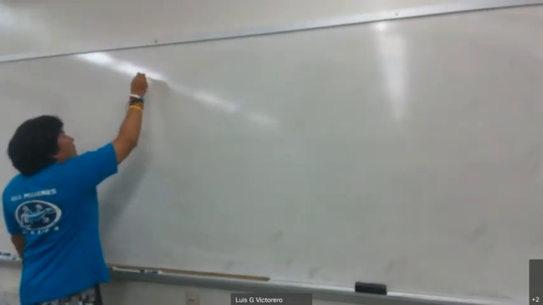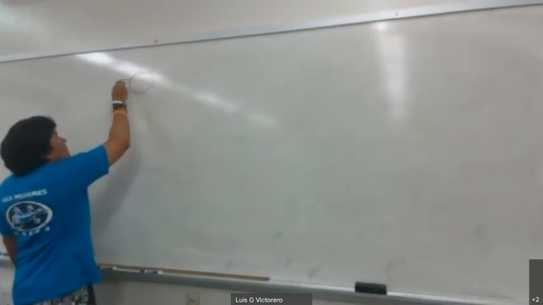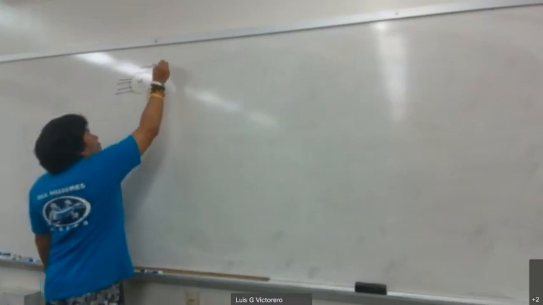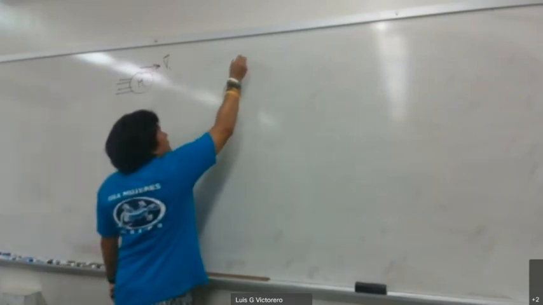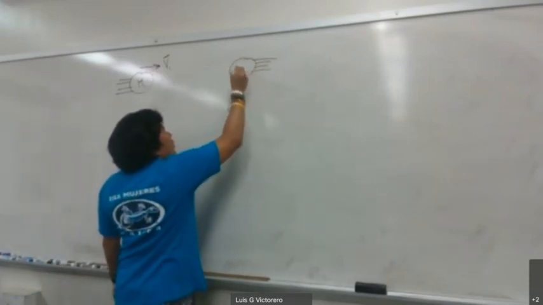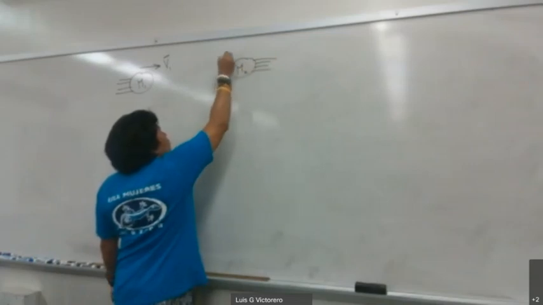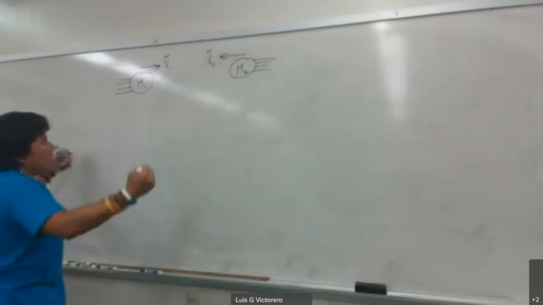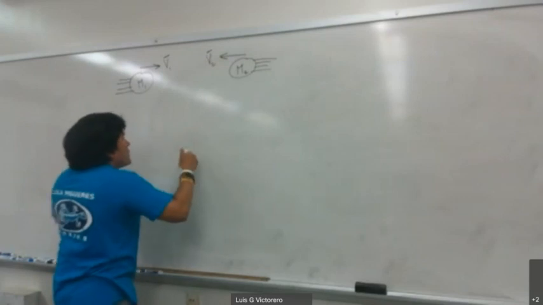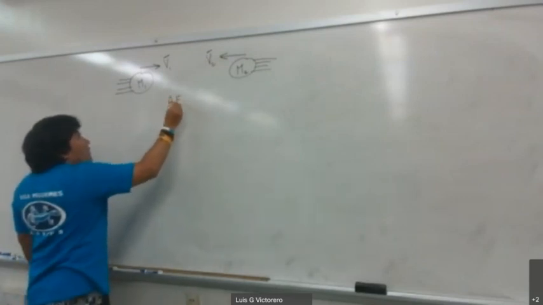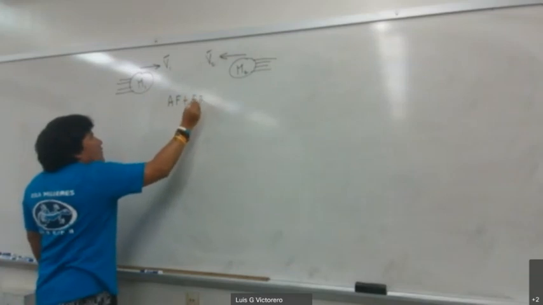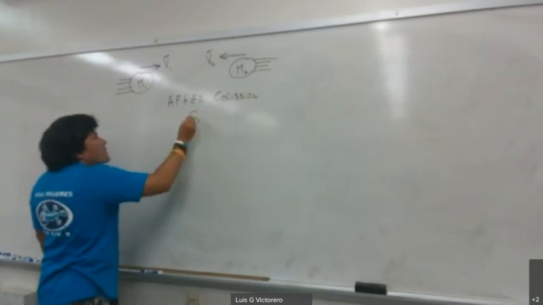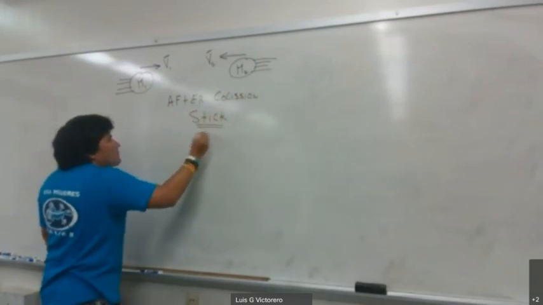So if you have a mass M1 going with some velocity V1 and is about to have a head-on collision with a mass M2 with this velocity, and then after the collision they stick together, they travel.